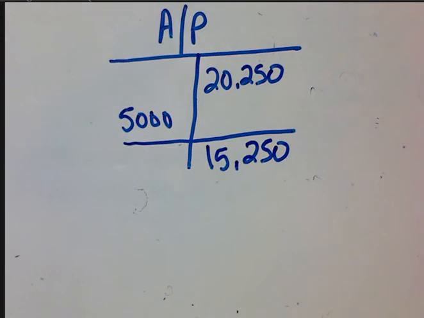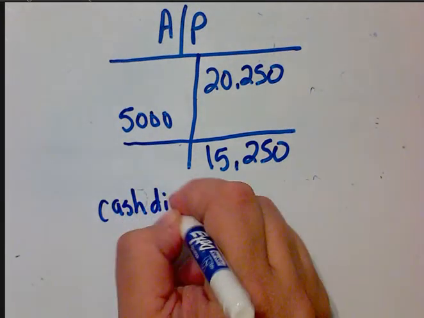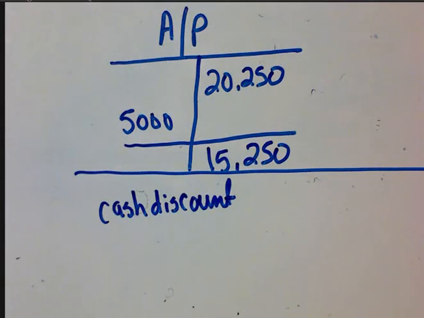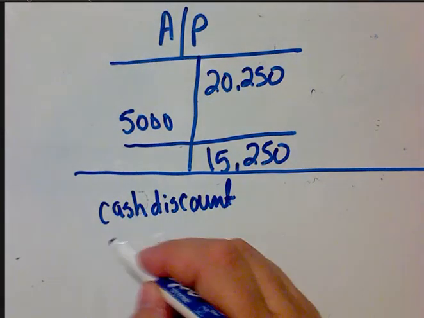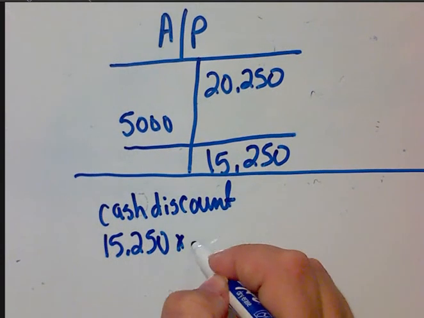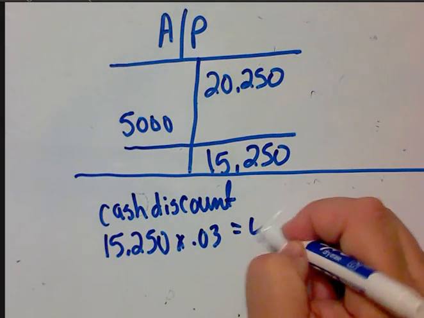But we also have to account for our discount we're going to take. We're paying it in 12 days, so we're entitled to the 3% discount. So we need to calculate the discount. I'll just do this separately here, which is equal to $15,250 times our 3%, which is equal to $458.